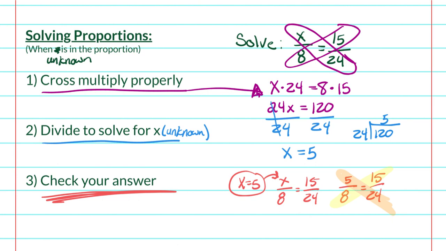We have 5 times 24 equals 8 times 15, and 5 times 24 gives me 120, equals 8 times 15 gives me 120. So yes, we checked our answer, and it is indeed correct.